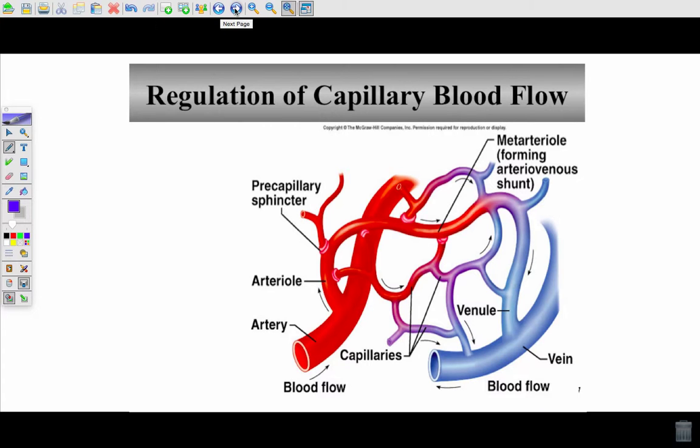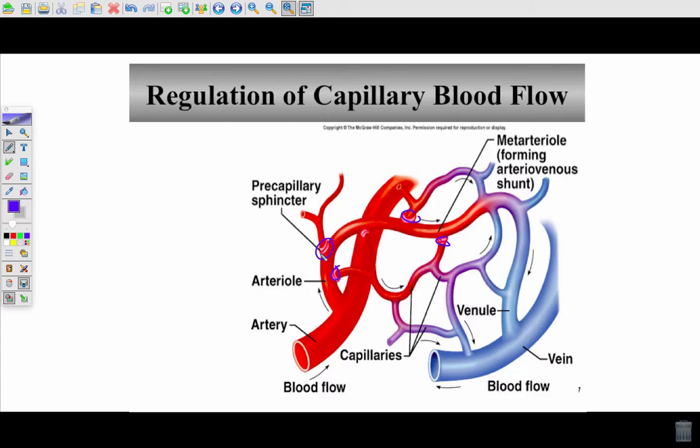Okay, regulation of blood flow to the capillary bed. We have these precapillary sphincters, and these precapillary sphincters can shut off blood flow to parts of the capillary bed. And this is in response to whatever the tissue that the capillary bed is working with needs.